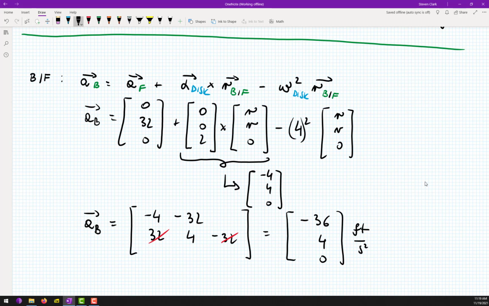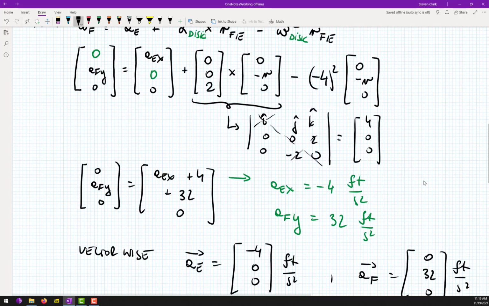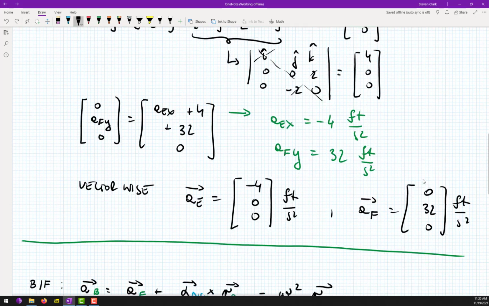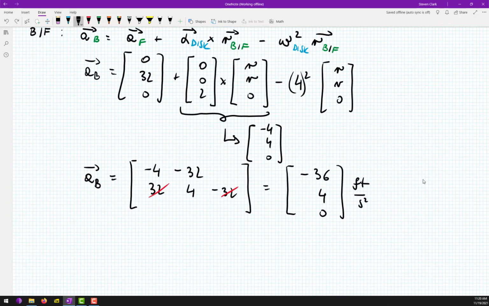Does this make sense? Let me scroll the board. So alpha rotates this way. So yeah, it makes sense. Alpha body will be this way and this way. It makes sense. Kind of. Okay, anyway, we are done with 50% of our problem.